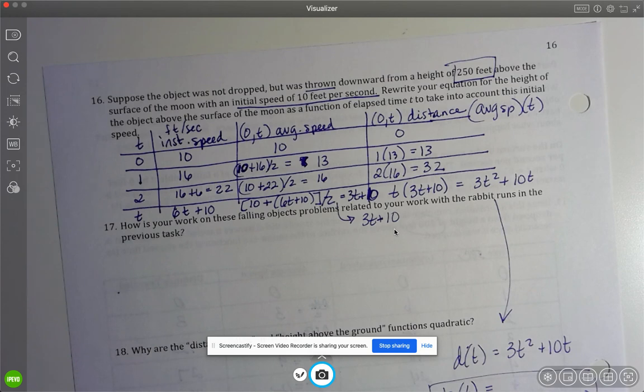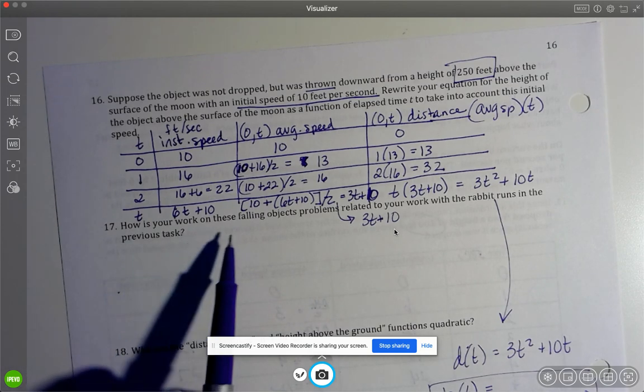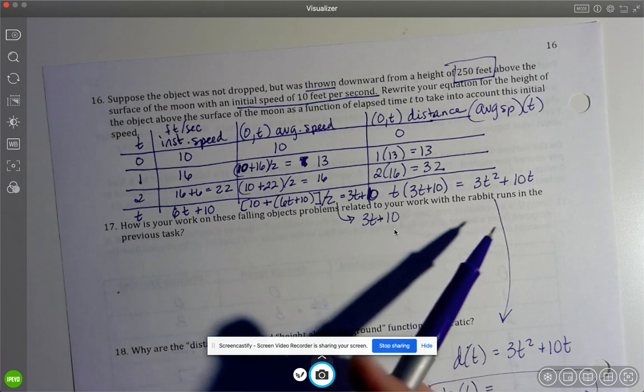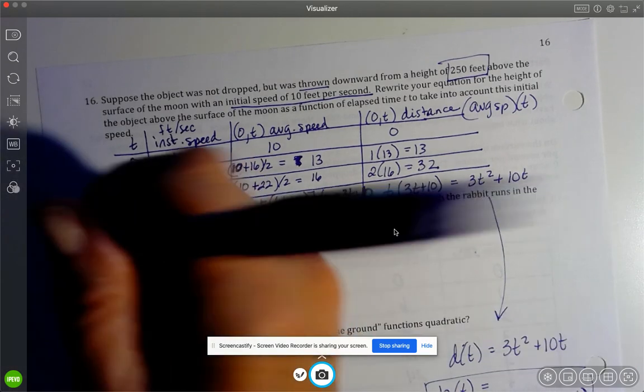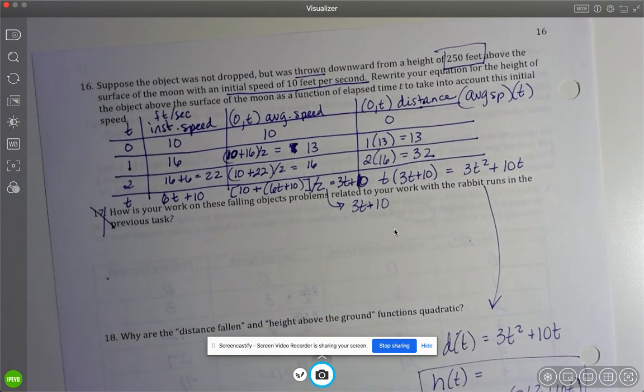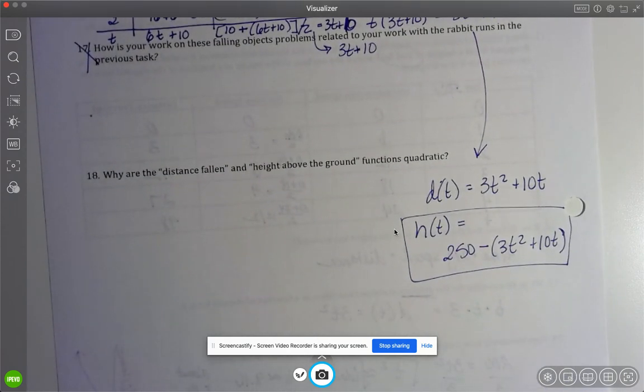Okay, so how is your work on these falling object problems related to your work with the rabbit runs in the previous test? Well, we didn't do the rabbit runs because that was part of 9.1, but basically what it's referring to is that they're both quadratic. So you can just not answer that. And then why are the distance fallen and height above the ground functions quadratic?